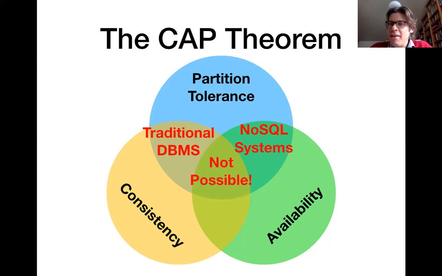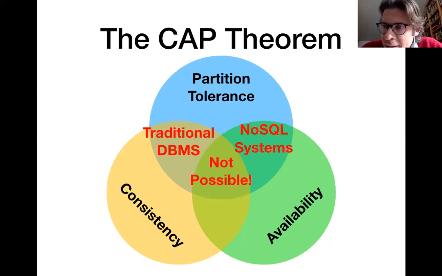Availability means that the system is able to serve requests. And we have seen a little example showing what happens if you have a complete network partition, meaning that you have different components of your system that cannot talk to each other because the network is down, for instance.